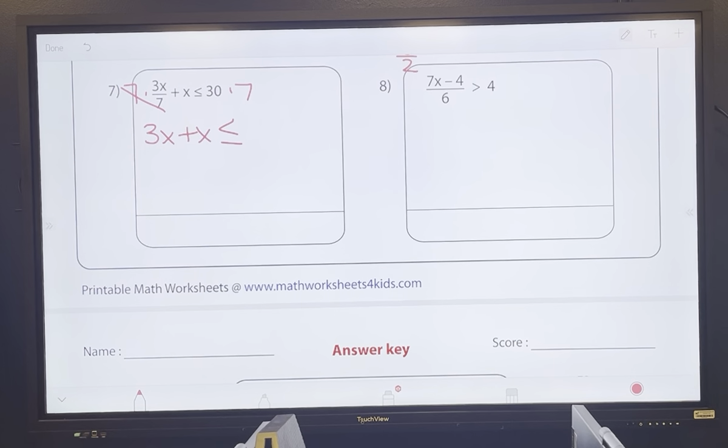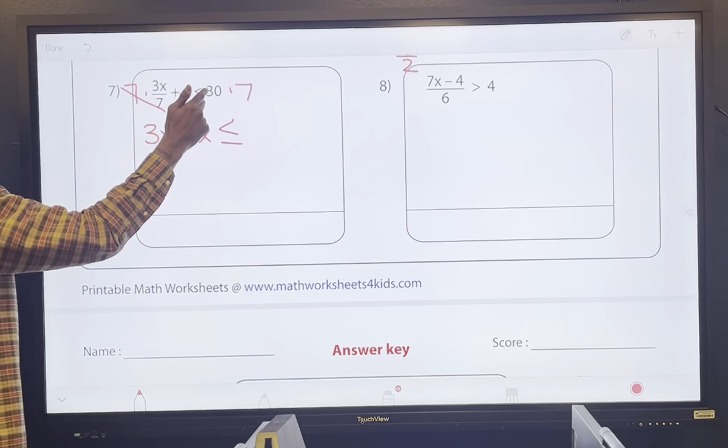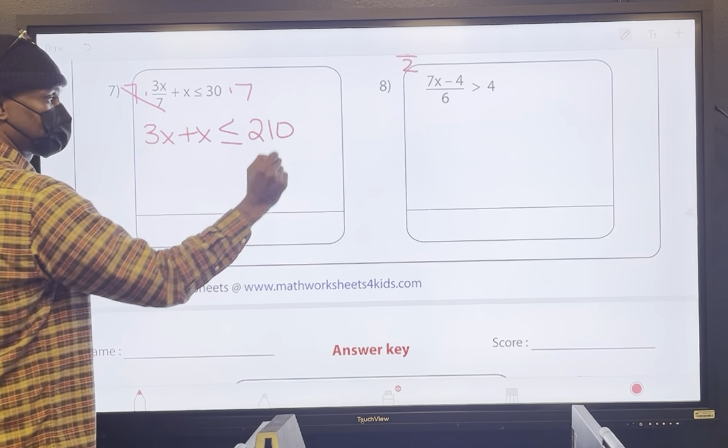Is that how you say 210? So 30 más 7 is 210.